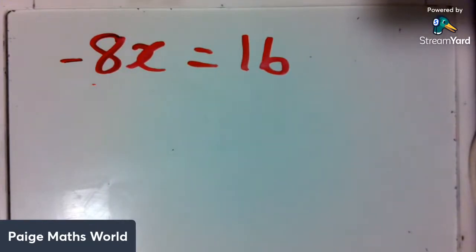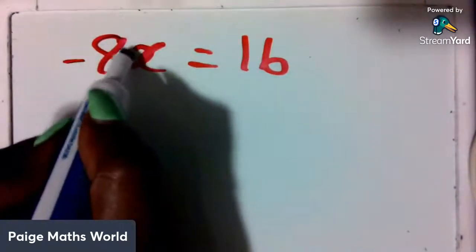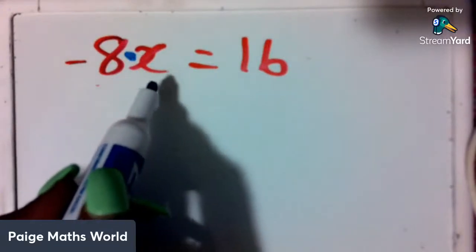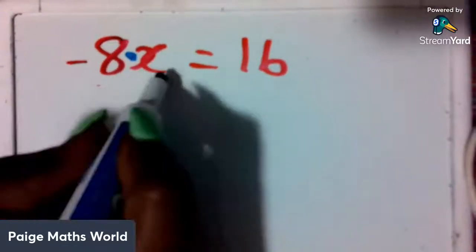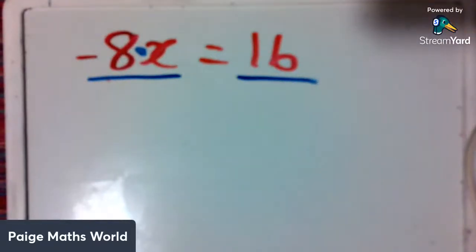All right. Let's check now to see if you guys are correct. It's negative 8 being multiplied by x. You're going to do the opposite of multiplying, and the opposite of multiplying is dividing. What are we going to be dividing by?